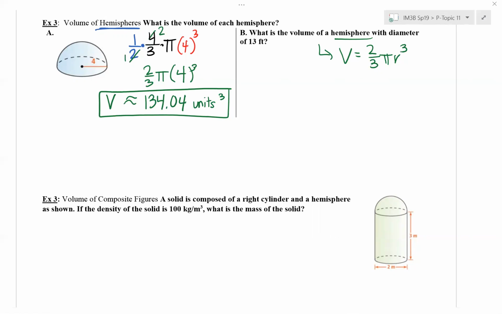So in this question, they don't give us radius. What do they give us instead? Diameter, good, which means that the radius is half of that, so 6.5.